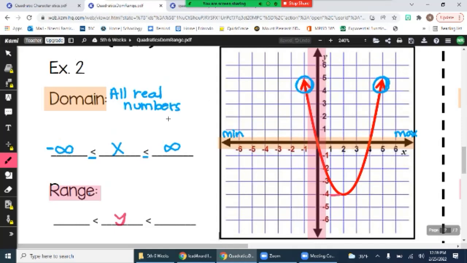At the bottom. And where's my maximum? So that means we have to start where? At the bottom. So how low does the parabola go? -4. Once again, no gap, closed, underline.